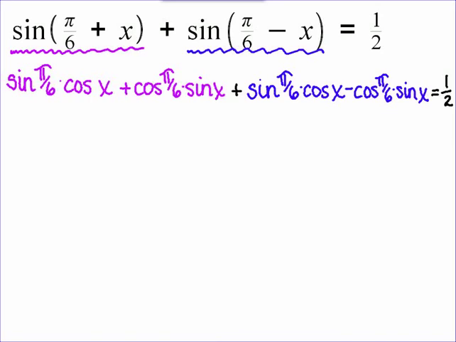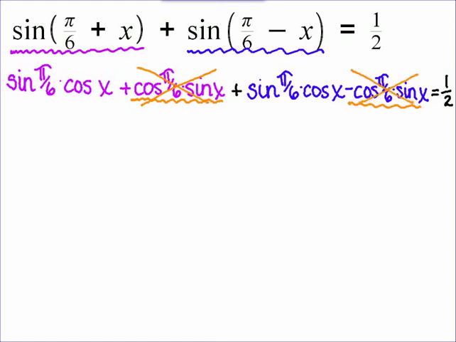What do you notice? What do you notice about these two things right here? Opposites. They're opposites. So since they're opposites, they cancel each other out, right, when you add them together? So really, those are now gone.